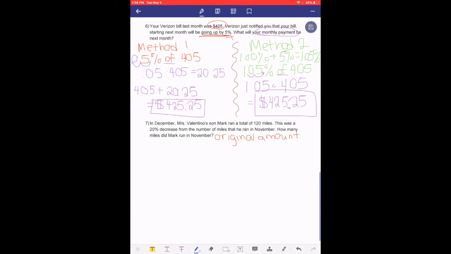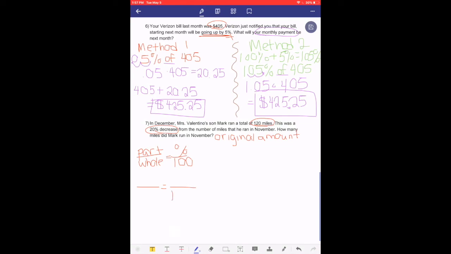So for the original amount problems, we always use the part over whole equals percent over 100. So in this problem, it says that in December, he ran a total of 120 miles, and this was a 20% decrease. So I'm going to use those numbers to fill in my proportion.